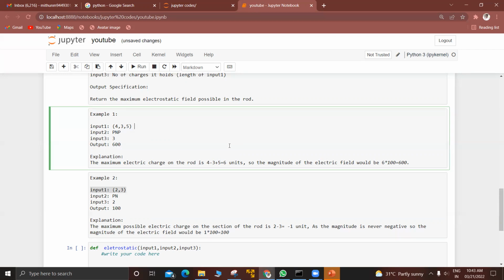So plus 4, minus 3 will be plus 1, then next plus 5 is equal to 6. Okay, they are calculating like this. So the magnitude of electric field would be 6 into 100, that is 600.